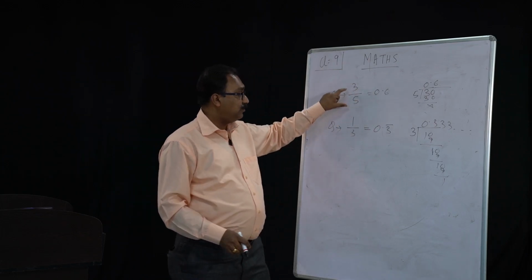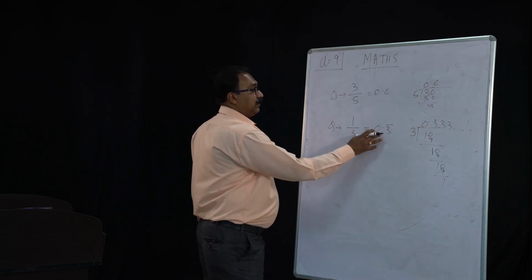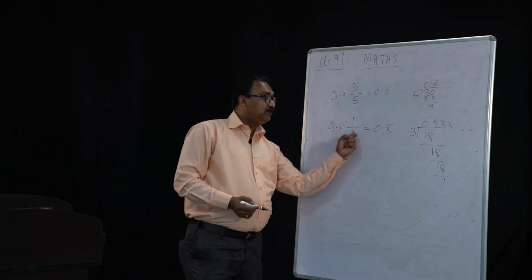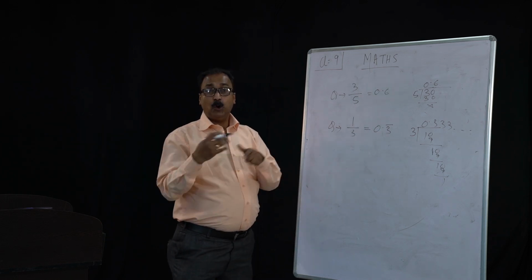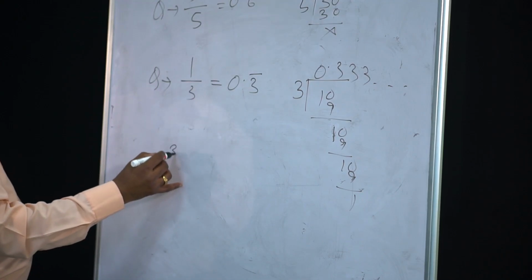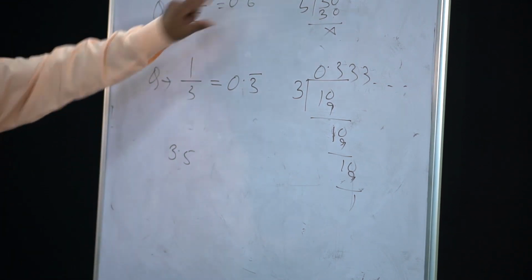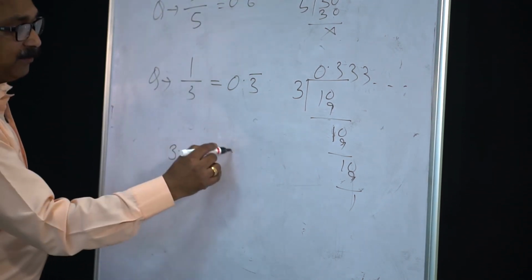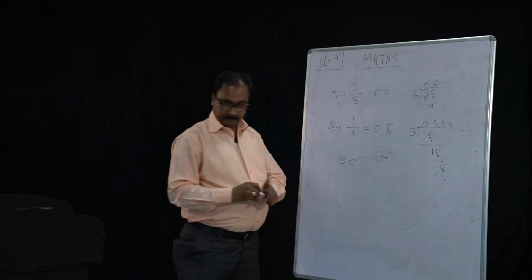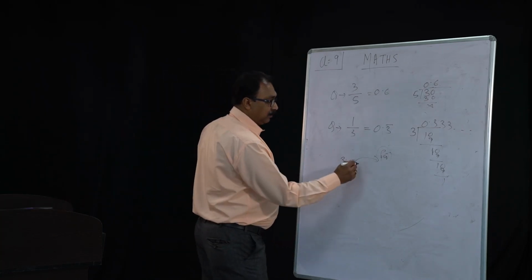These are also in the form of p by q. This is a rational number and this is also a rational number. Can you convert from one form to the other? From terminating decimals it is easy. For example, 3.5 is a terminating decimal. I have to change it into the form p by q. How? Look here.